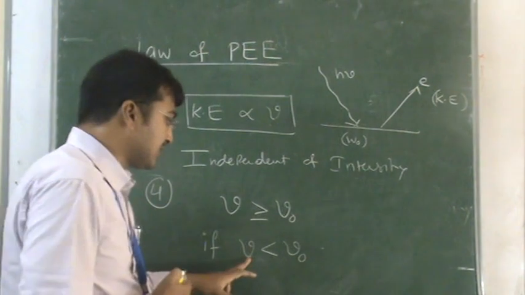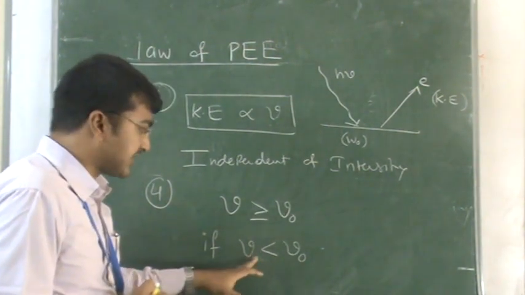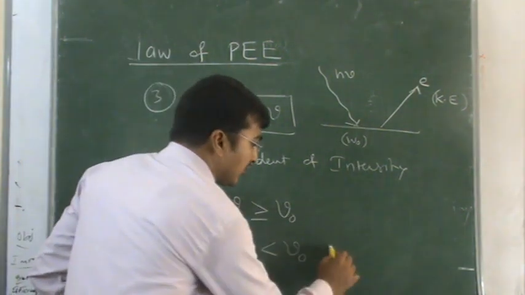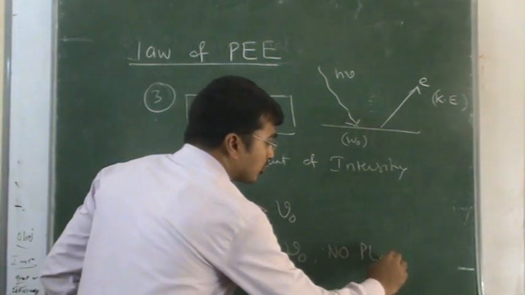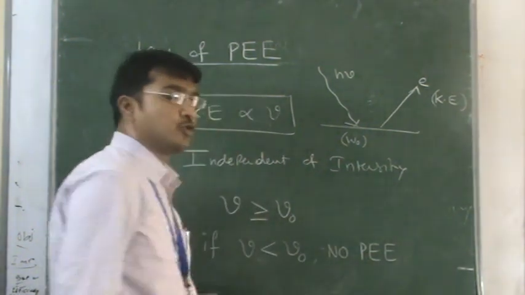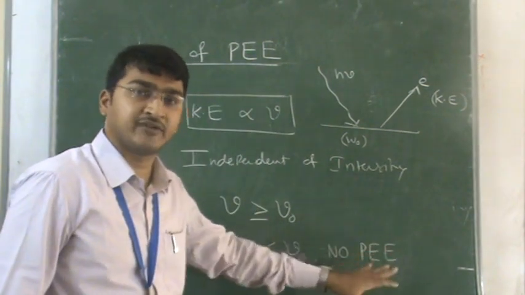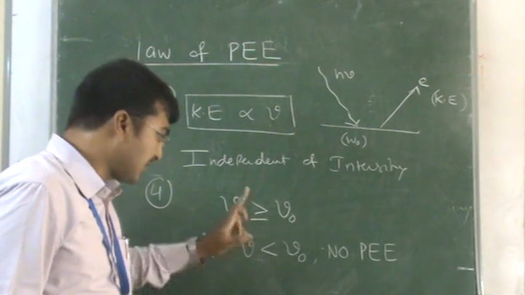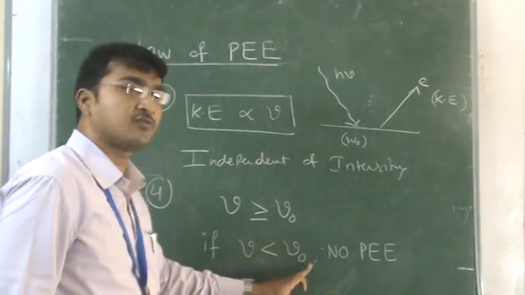So if the incident light frequency is less than the threshold frequency, you will not observe the photoelectric effect. No photoelectric effect is observed when the incident frequency is less than the threshold frequency.